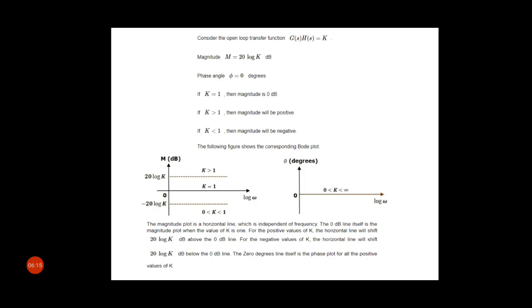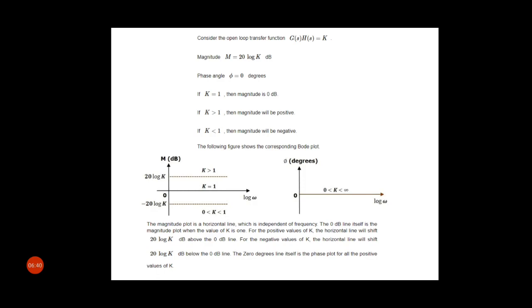If K is greater than 1, then the magnitude shifts upward, and if K is less than 1, then the magnitude shifts downward. The second graph represents the phase plot. Phase is always constant, that means 0 degrees for the constant part, so this shows a straight line.